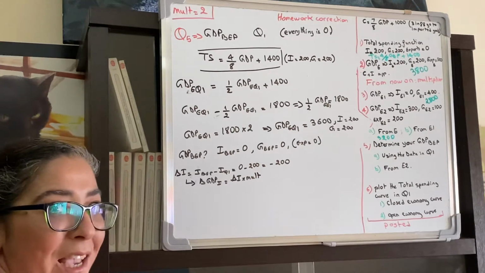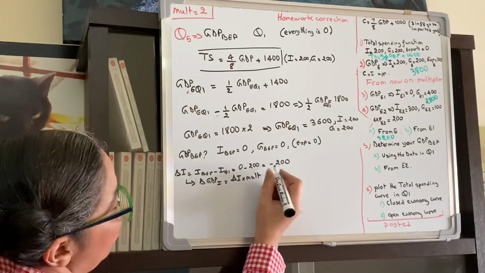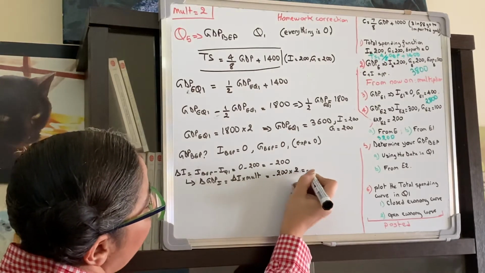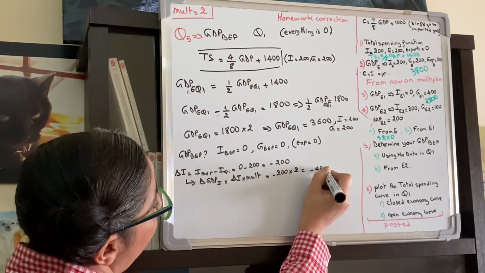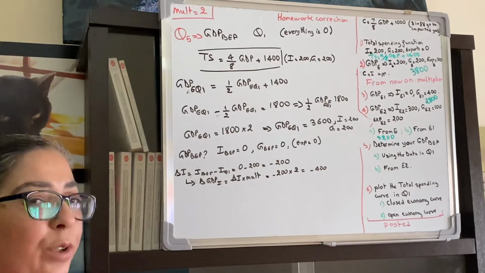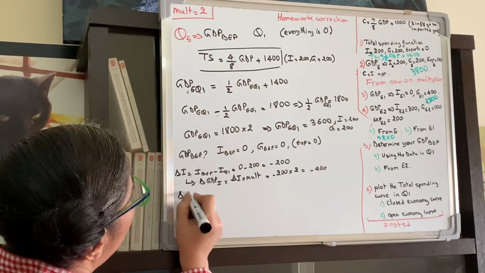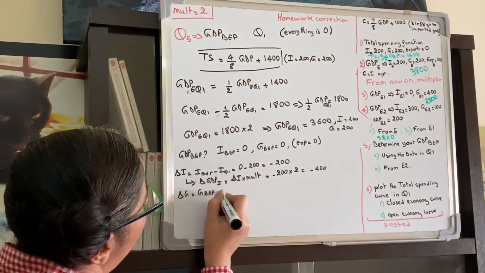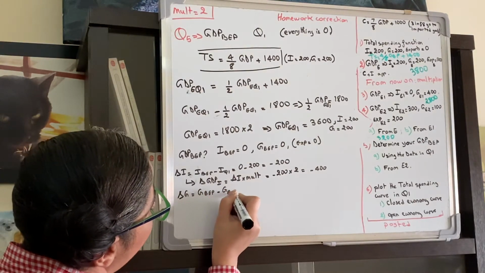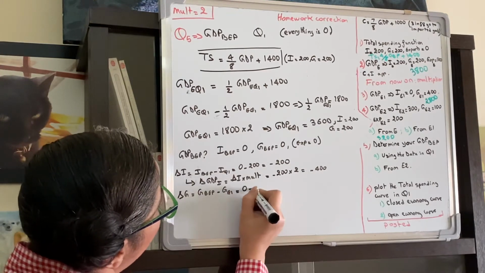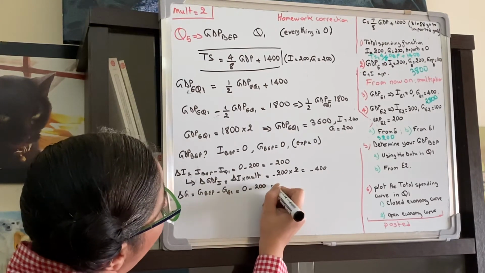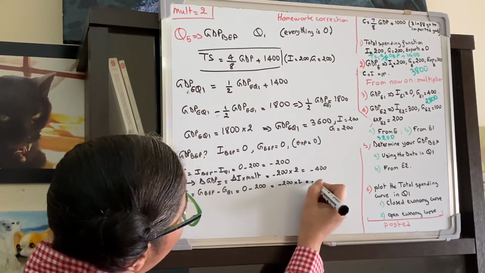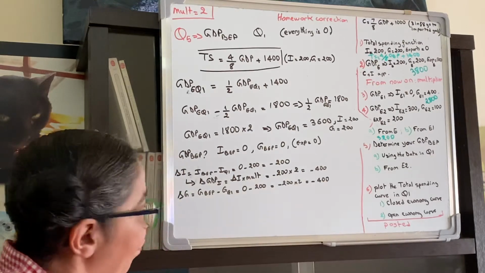Are you following with me? I hope so. Delta I times the multiplier is equal to negative 200 by 2, which is equal to negative 400. Okay, now I'm going to do delta G. So delta G is equal to G at BEP minus G question 1, which is equal to 0 minus 200, which is equal to negative 200 by 2, which is equal to negative 400.